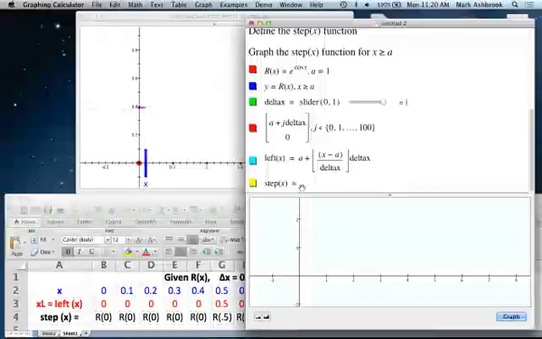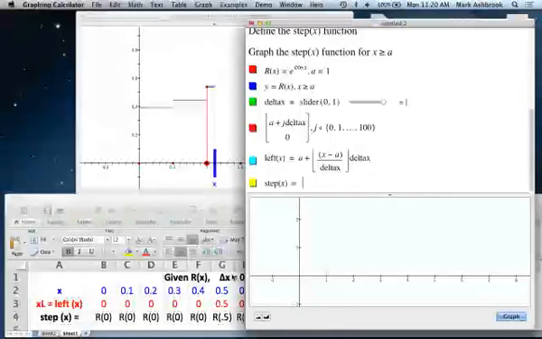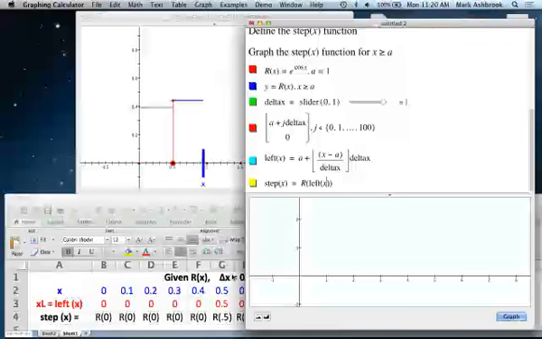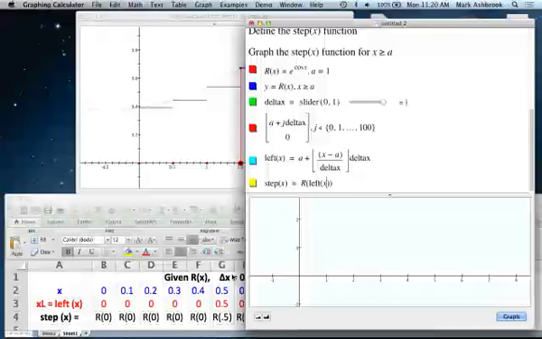How do we get step x? That's what we did today with this table. R, control 9, of left, control 9, x, right? Take the current value of x. Left x gives you the left x value. We put that into the rate, and it gives us the step.